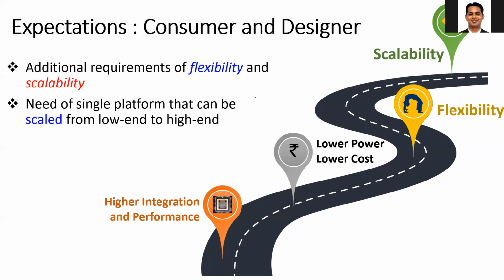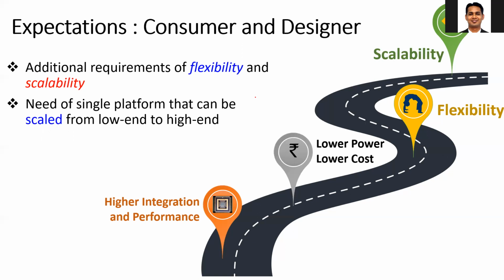So designers are asking, why can't you design a scalable platform so that the same platform can be used for low-end as well as high-end devices? Obviously, there will be a change in resources when you go from low-end to high-end devices. For example, instead of a single core, you may have a quad core processor.